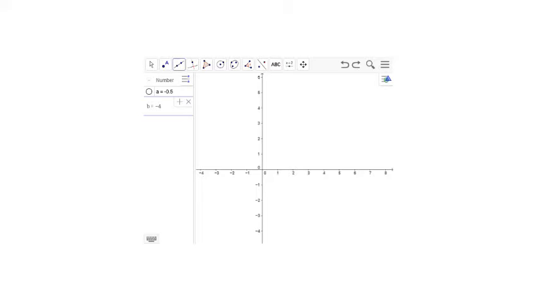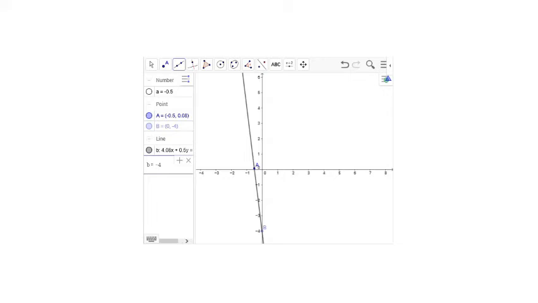We've got the x-intercept equal to minus 1/2, or I have it in here as minus 0.5, and the y-intercept is equal to minus 4. So we're going to go, that looks to be about minus 1/2, and here is our y-intercept at minus 4. And there we go.